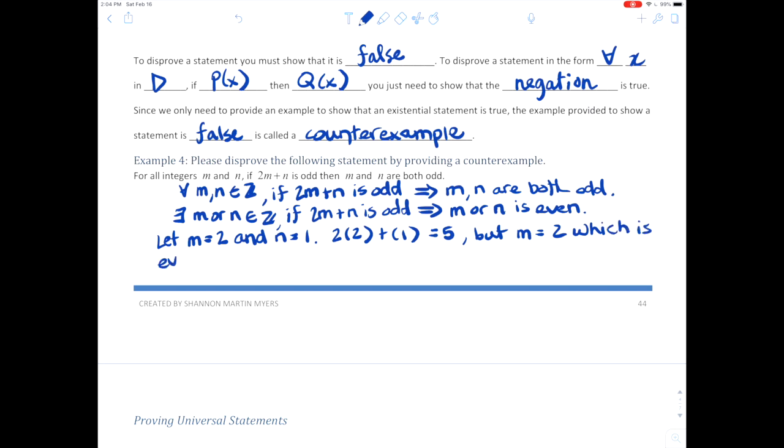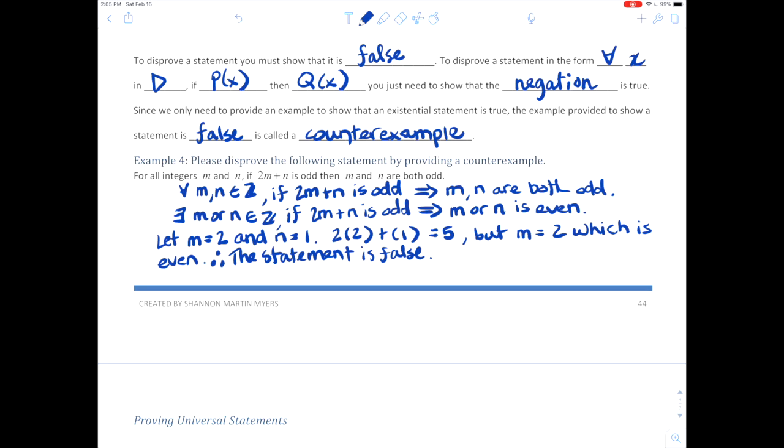So we have shown by counterexample that the entire statement is false. Because a for any statement has to be true for everything for it to be true. You just find one counterexample and it's false.